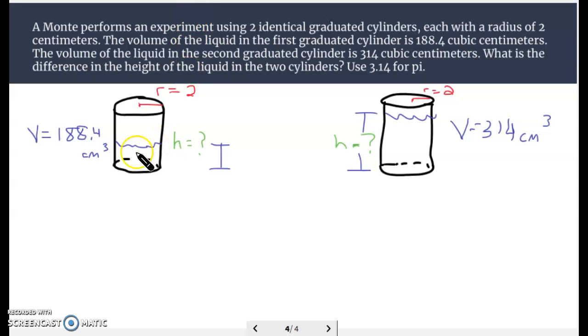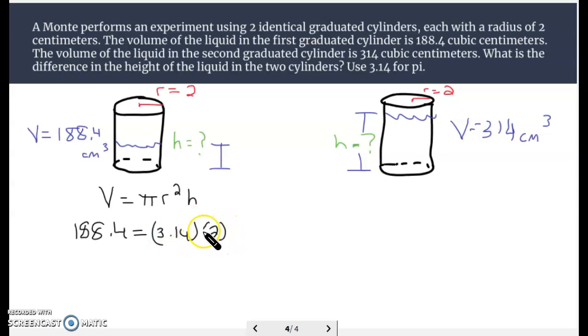To do that, let's go back to the original formula for volume. V equals pi r squared times h. And then we just plug in what we know. The volume is 188.4 for this one. They say use 3.14 for pi. That's what we're going to do. Radius is 2 squared, but we don't know the height.